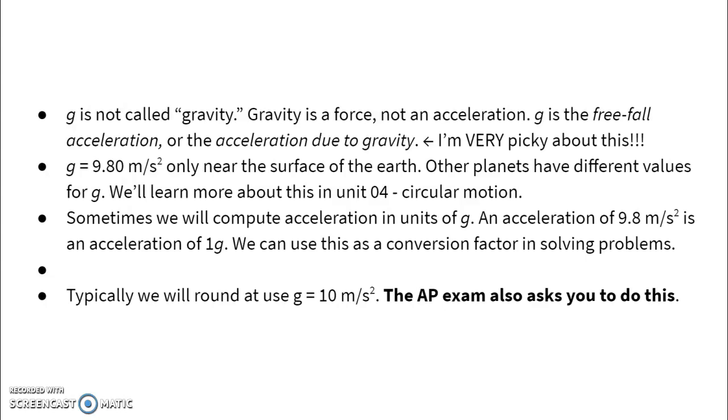Okay. And finally, we're pretty much always going to round to 10 meters per second squared. The AP exam basically tells you to do this. So we're kind of imprecise here, but that's 100% okay, because the whole point of our physics class is the problem-solving aspect, not the fact that our answer is super accurate.